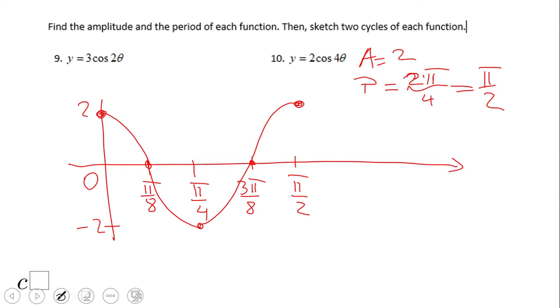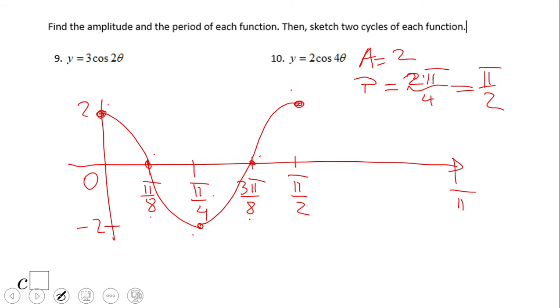The period is pi over 2, and you see the other 5 points: pi over 4, pi over 8, 3 pi over 8. We start with a max, 0, mean, 0, and max.